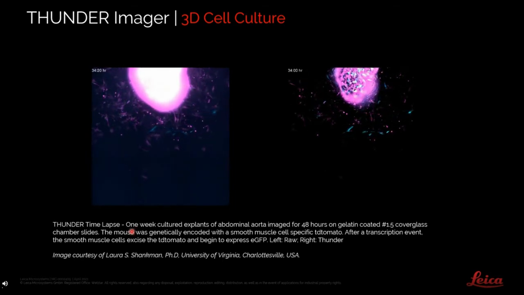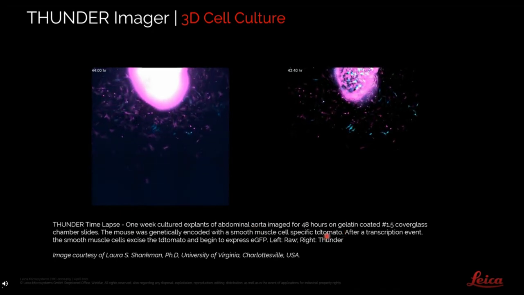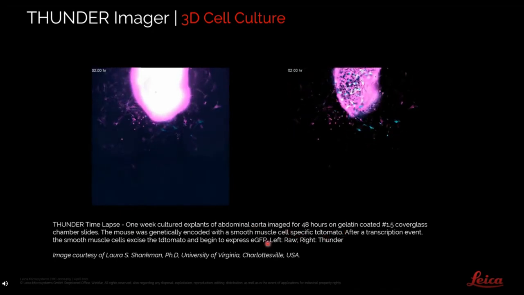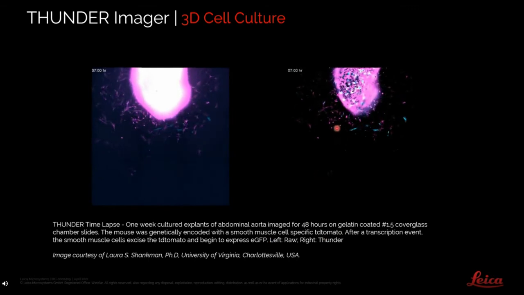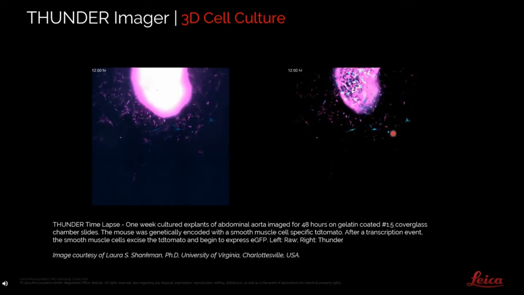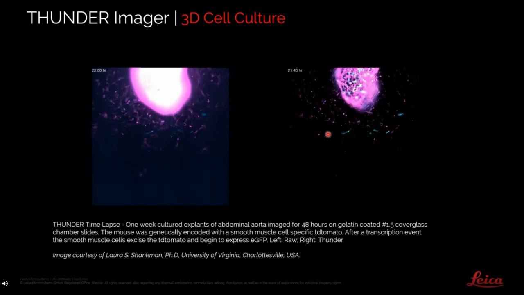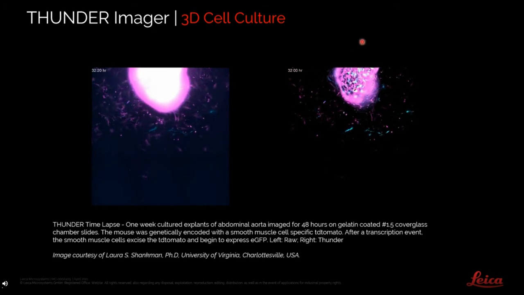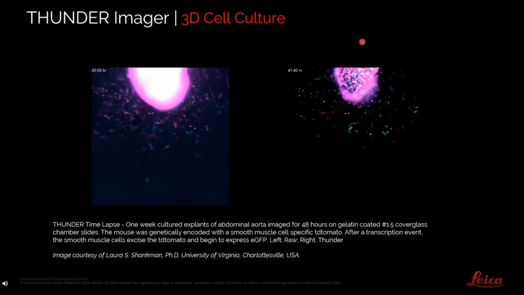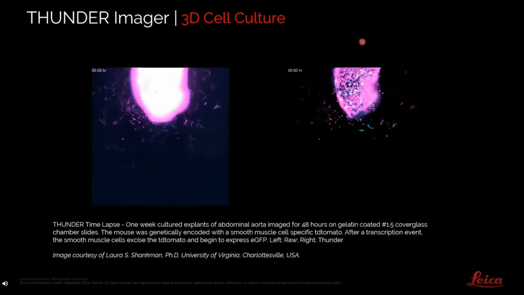It's genetically expressing TD tomato, and when a transcription event occurs, it begins expressing EGFP. So in our magenta channel is our TD tomato, and you can see the cells that are in cyan, that is now our EGFP. And you can see over the course of many hours, going up to just under 48 hours, these cells can be tracked and distinguished between TD and EGFP.